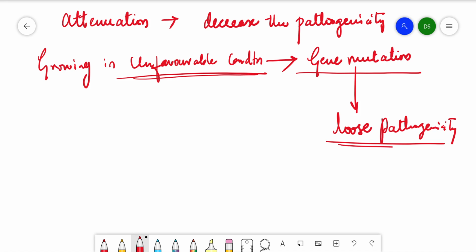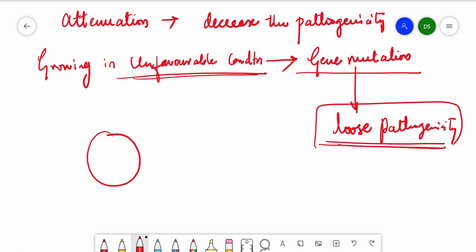They lose their pathogenicity, but when they enter the organism, they are able to produce an immunogenic effect because our cells will recognize them as foreign particles. Suppose the pathogen has a gene in its DNA that has undergone mutation.